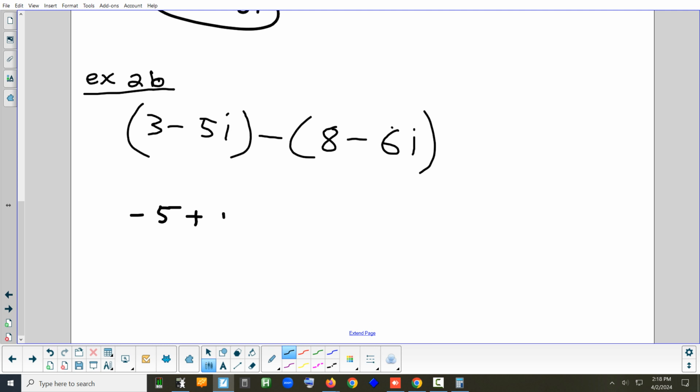Yep, negative 5 plus 1i. If you don't want to put the 1, you don't need it. You can just put negative 5 plus i, because it's negative 5 minus 6, so it becomes negative 5 plus 6, which is 1.